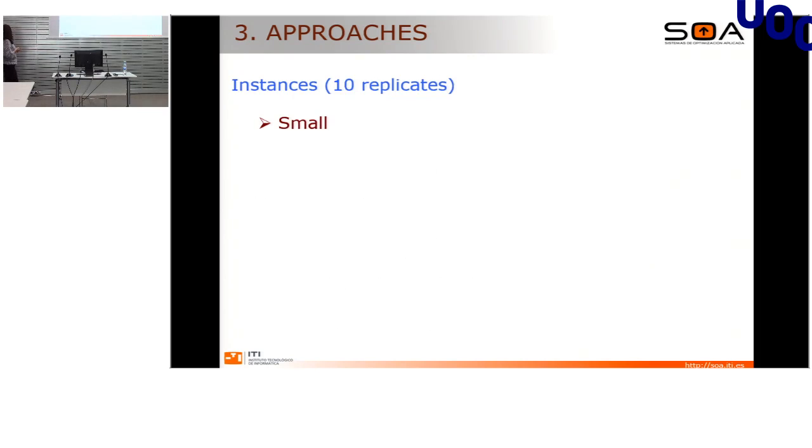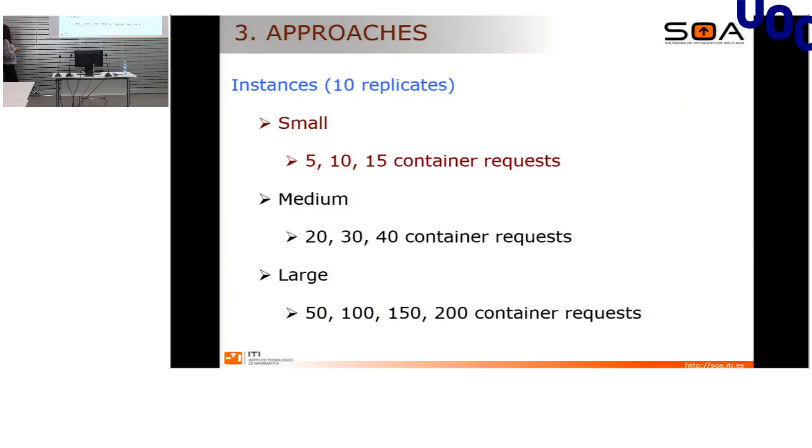So we generated, for the moment, 3 sets of instances: small, medium, and large. Small with this amount of container requests, 5, 10, and 15, medium 20, 30, and 40, and large until 200 container requests.